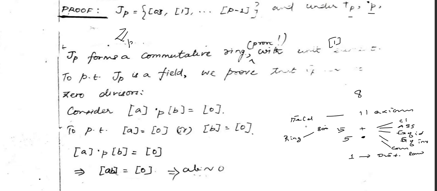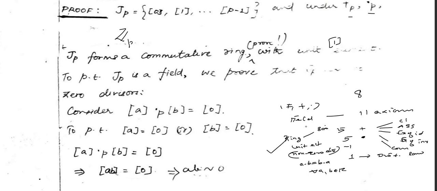And then we have to consider the existence of a unit element, and a non-zero element should have an inverse, and we have to have commutativity: a dot b should be equal to b dot a for every a, b in this. So there are 2 ways by which you can have your given collection to be a field under these 2 operations.